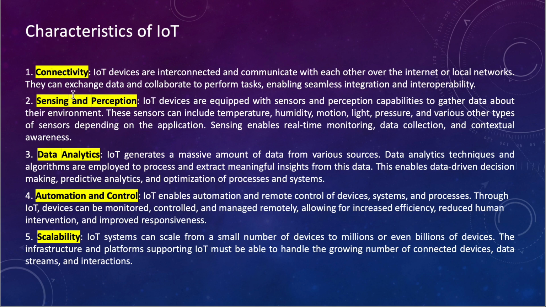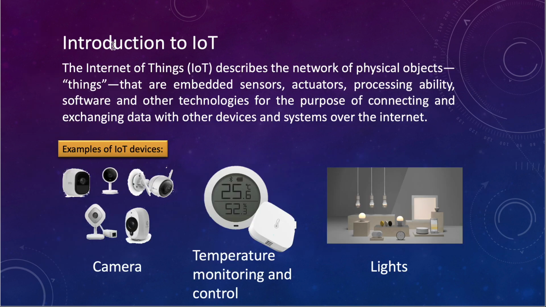One of the characteristics is connectivity and sensing and perception. When we talk about sensors and actuators and the processing ability, in an IoT device the main hardware characteristics would be sensors and actuators, right?